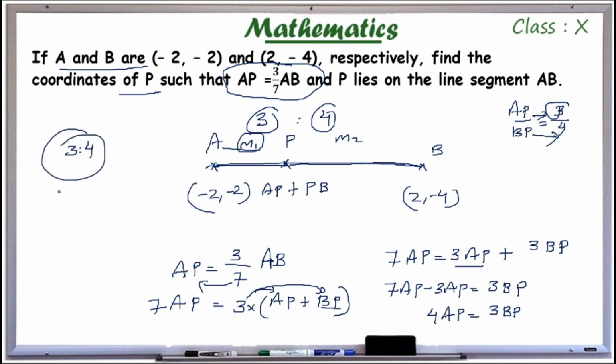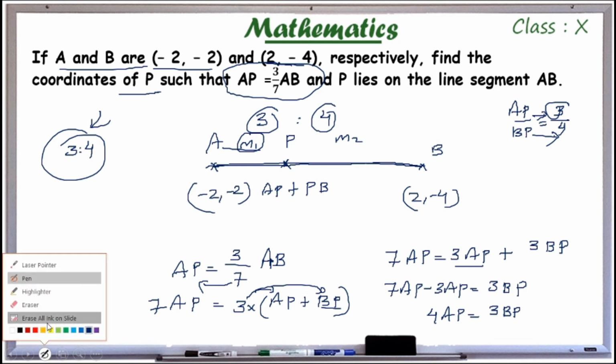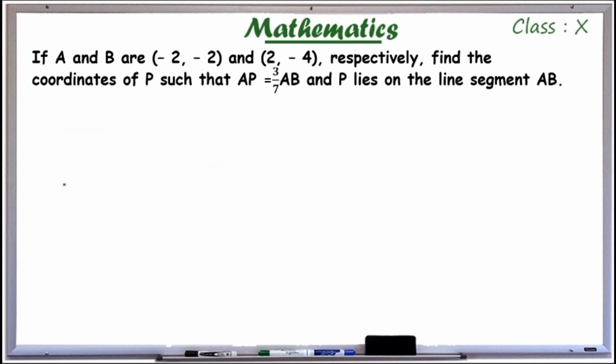Now using the section formula, I have two coordinates, -2, 2 and 2, 8, and also the ratio. So you have to find the coordinate, the point of division P. That you can do yourself, or I hope I can do. So we get the answer 3:4.